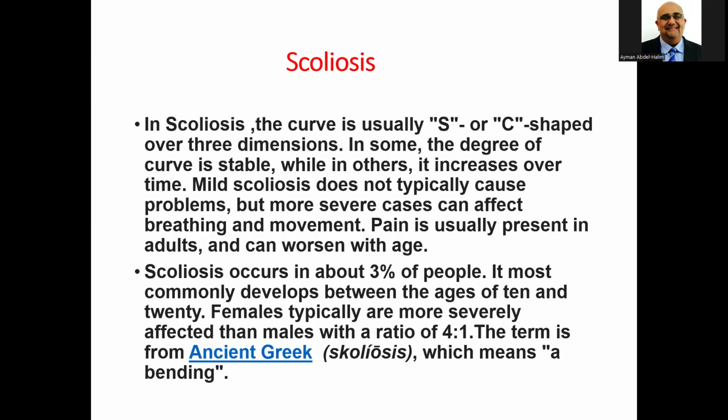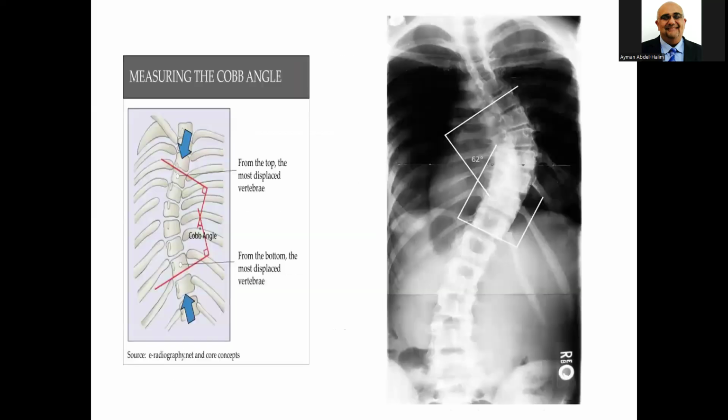Scoliosis occurs in about 3% of the population. Most commonly, it develops between the ages of 10 and 20. Females typically are more severely affected than males, with a ratio of 4 to 1, and the term comes from the ancient Greek scoliosis, which means a bending.